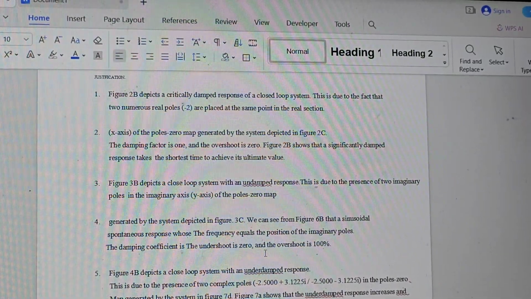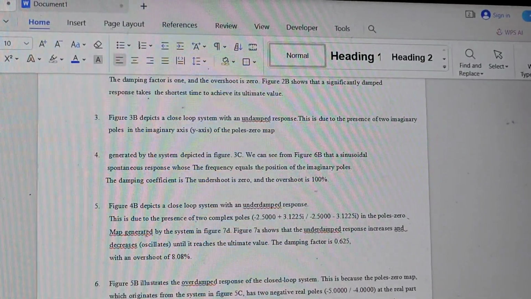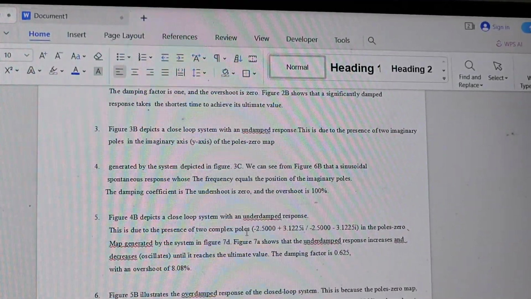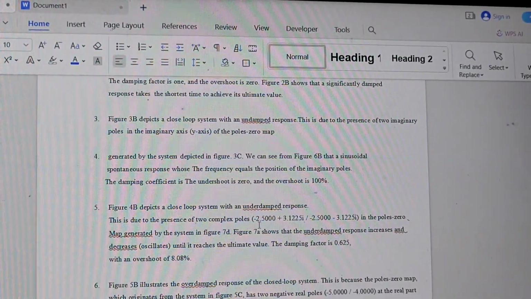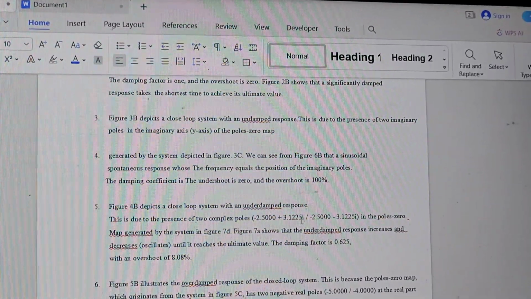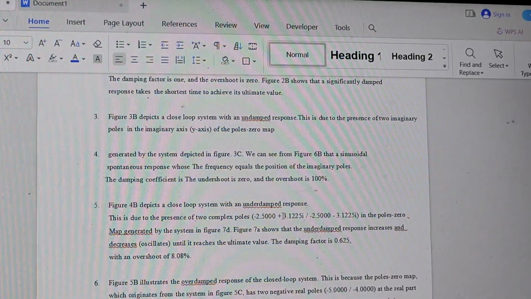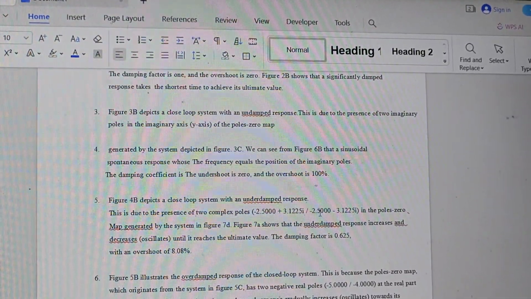The damping configuration is overshoot is 100%, and this is the 4b, an undamped response, and the two complex poles are negative 2.5 plus 3.12. It seems to go to another imaginary part.